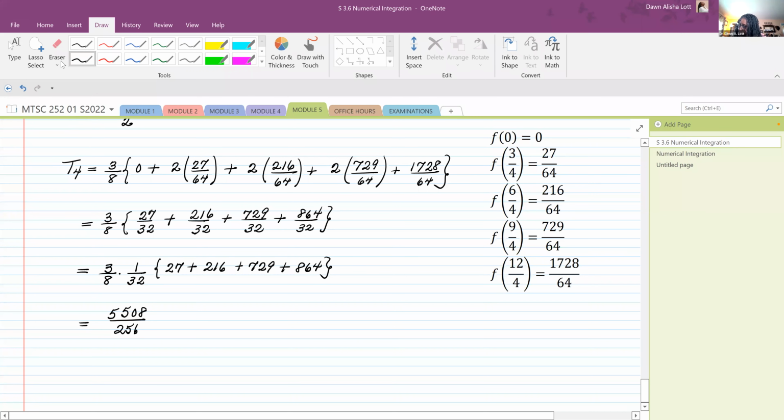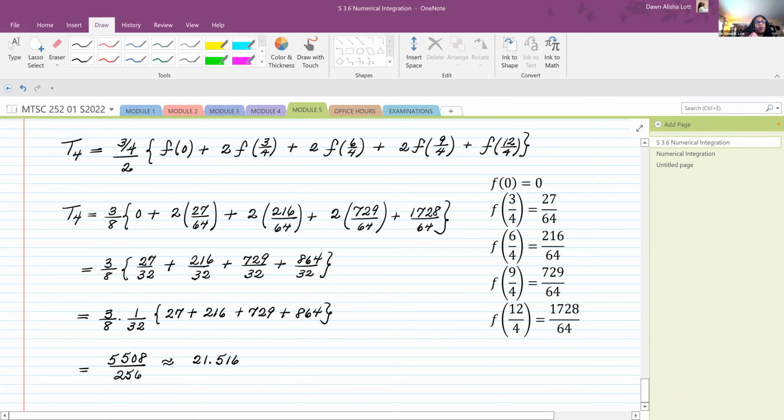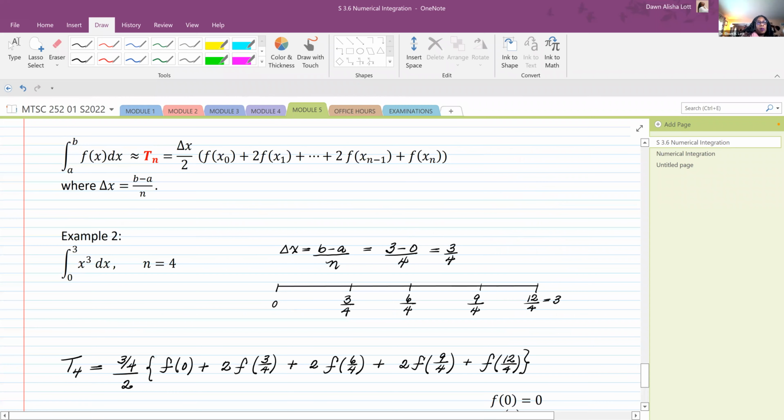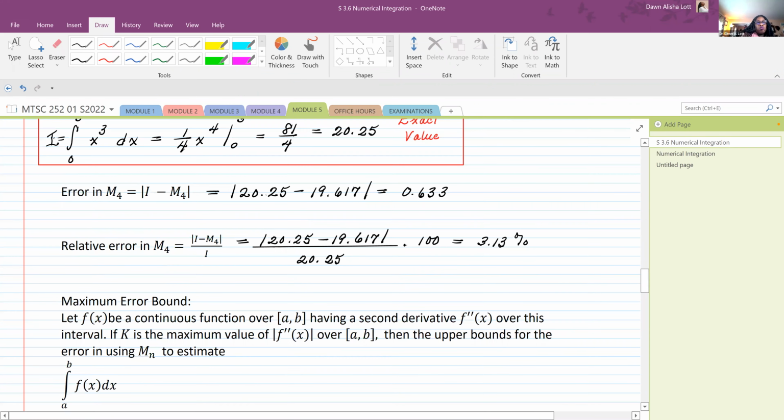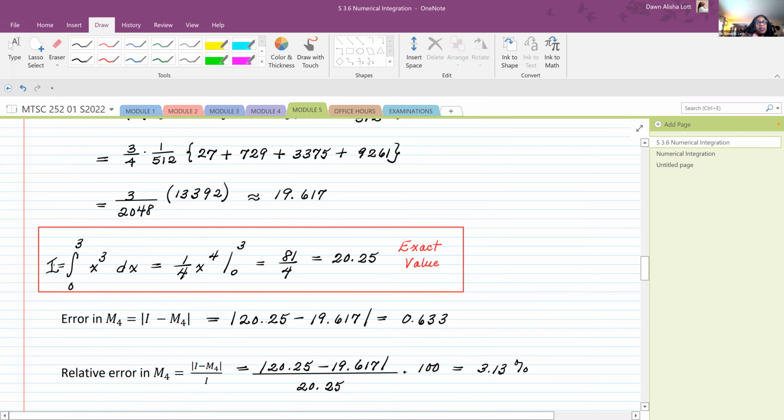And if you do that, that's approximately 21.516. Okay. So before, when we did the midpoint rule, we got 19.617.